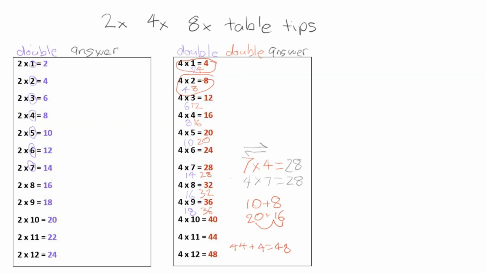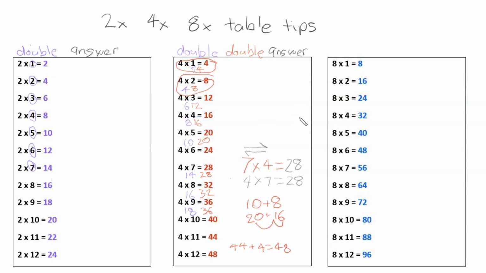So, I'm wondering if you could guess what the 8 times table trick is. Okay, I'm going to try and write small here. You've got to be patient. So, yep, we double. Let's see if I can do this neatly. I'm slowly getting better at writing with this thing.